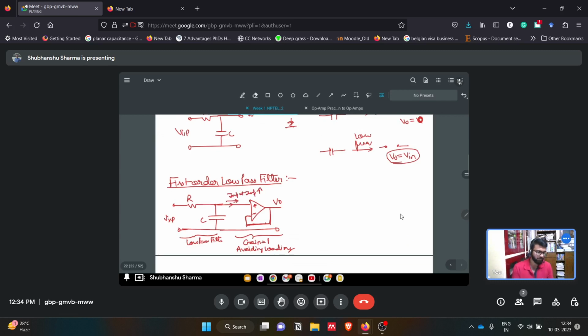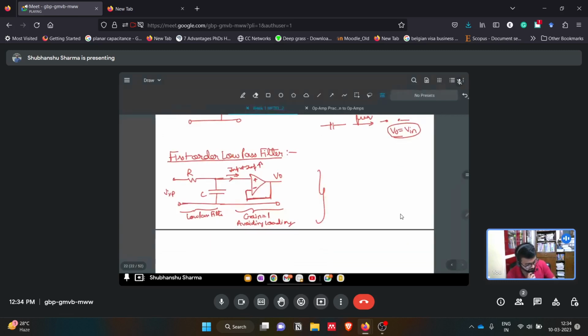That's why it avoids any loading effect. But there is one disadvantage of this circuit: variable gain is not possible in this circuit.